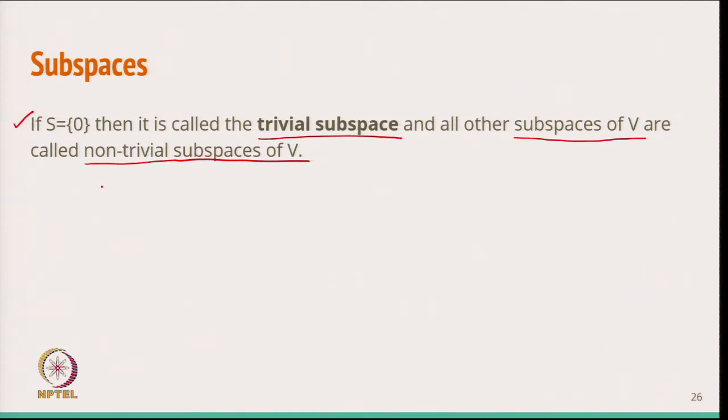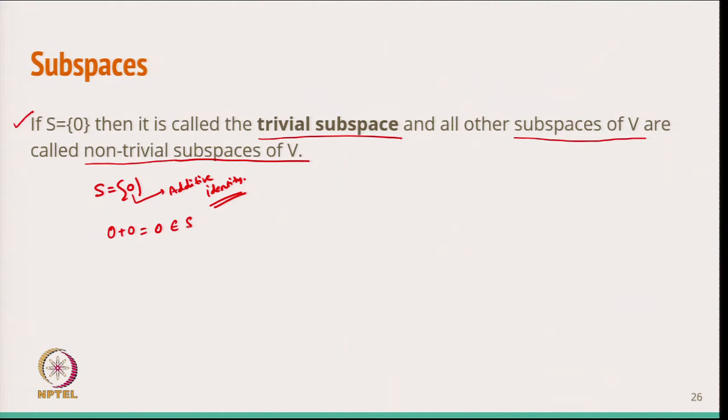It contains only one element, S equal to 0, and this 0 is the additive identity. Now, you can check that it is a subspace. 0 plus 0 is 0, so that belongs to S.